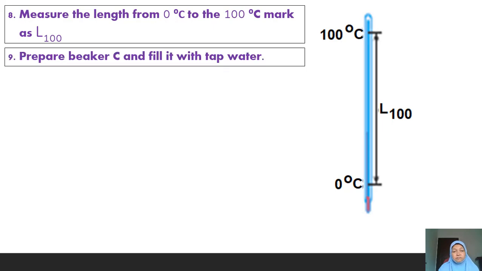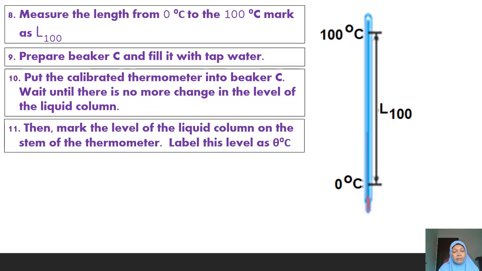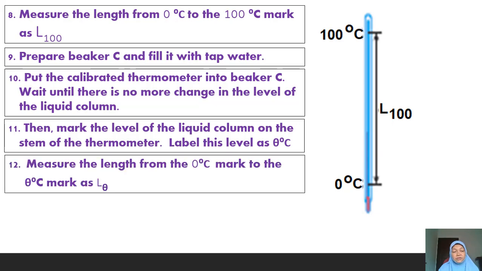Prepare beaker C. We have another beaker, and then we fill it with tap water with unknown temperature. So we put the calibrated thermometer into beaker C, and again we wait until there is no more change in the level of the liquid column. Then mark the level of the liquid column on the stem of the thermometer and label this level as theta degrees Celsius.